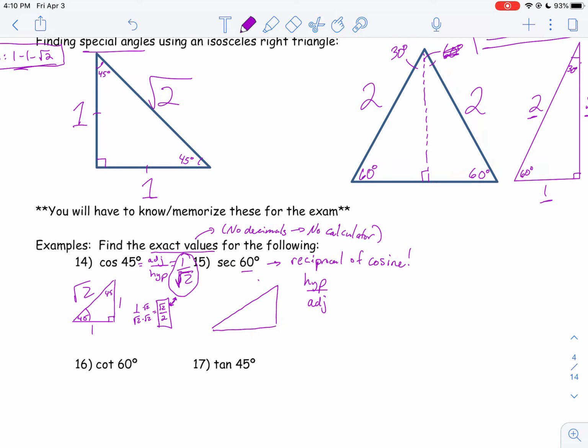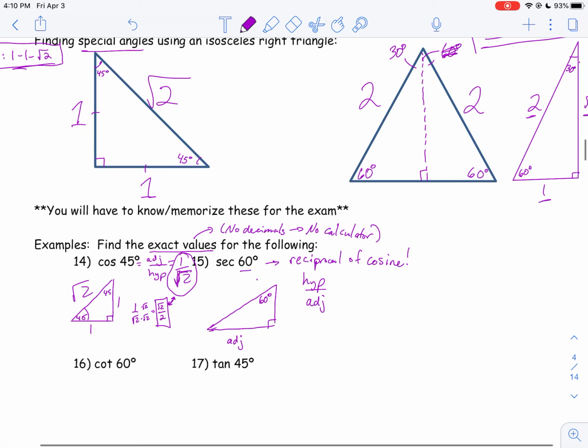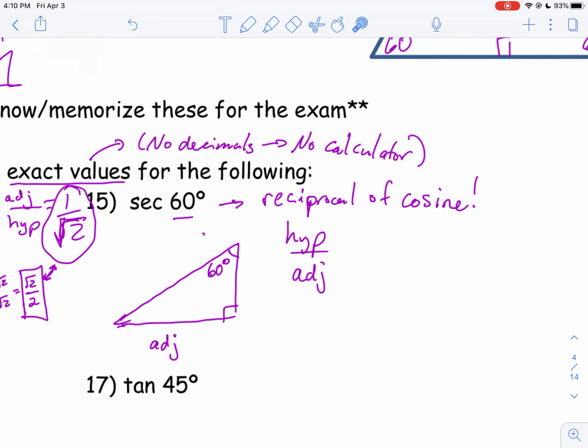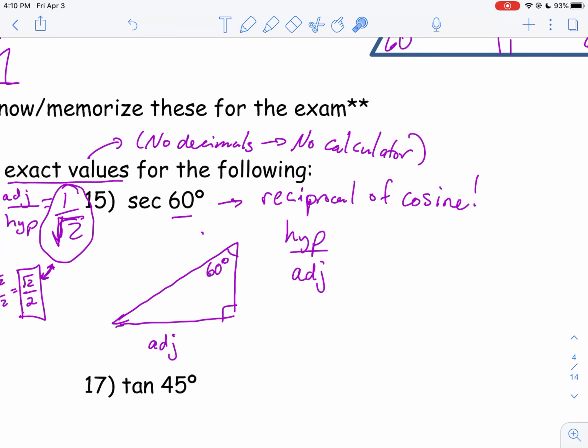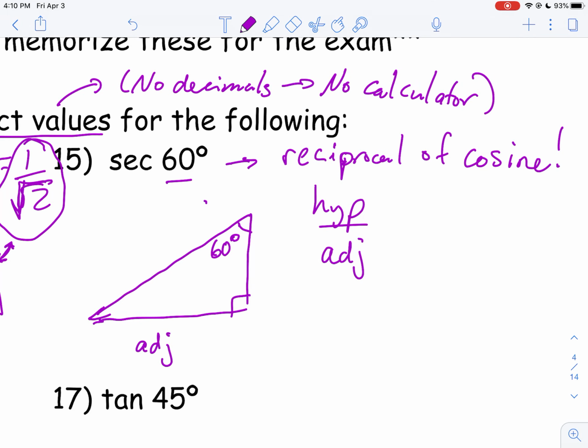I'm going to put the 60-degree angle up here. Somebody told me the adjacent side is always at the bottom. However, that's not true. The adjacent side is always adjacent to the angle. So what side is adjacent to the angle? It's not here. It's here. So that's adjacent. That's hypotenuse. This then is the opposite side.